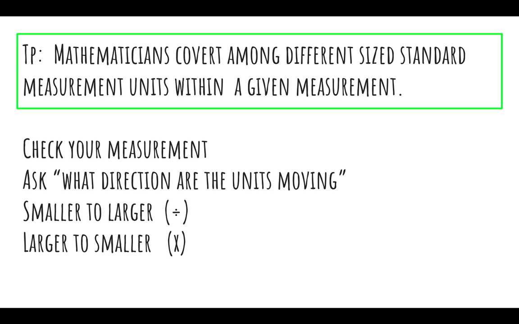Ask ourselves, what direction are the units moving in? Are they moving from smaller to larger? In that case, we would have to divide. Or are they moving from larger to smaller, in which case we would have to multiply.